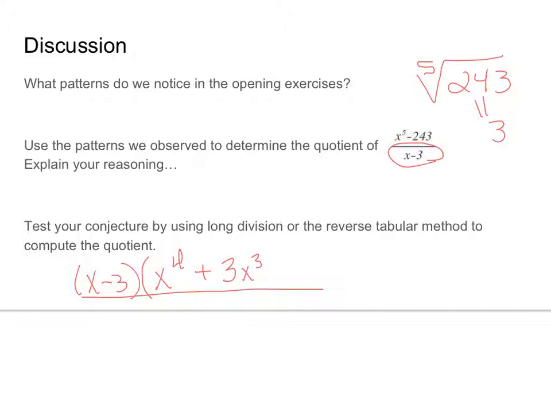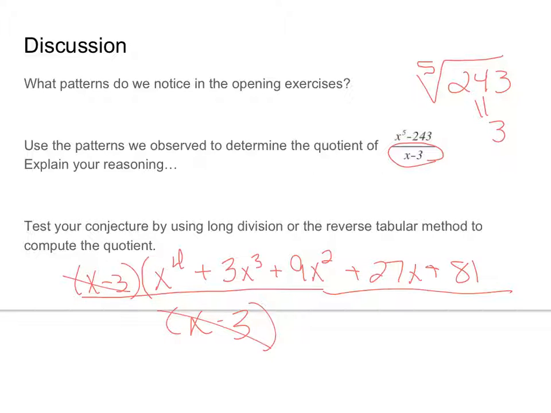That would be 3 to the first power, 3 to the second power, and reduce your x by 1. 3 to the third power. I said 3, I wrote 3. I did not mean to write 3. 27x, and then the fourth power I think is 81. I'm going to check that because I hate to make a mistake. Yep, 81. All over x minus 3. And we have our answer.